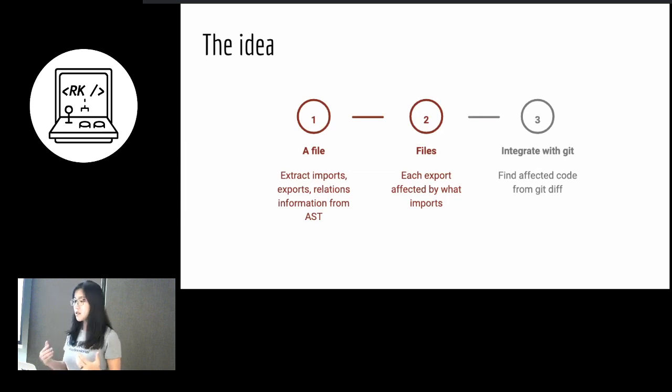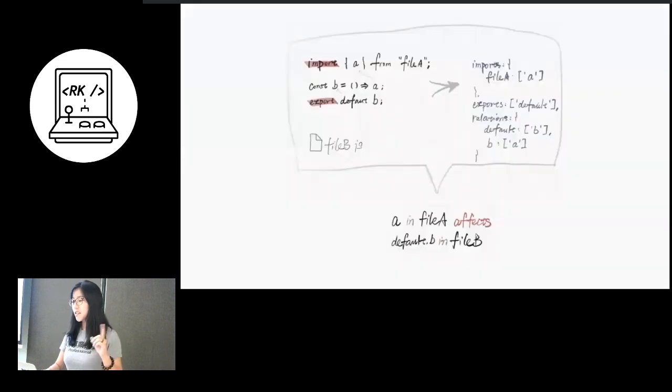Step 2, we're gonna solve more files. But before that, I will say the information we got just now was not enough, because if you look closely, the relationship I get here is a direct relationship, which is my default is depending on B and my B is depending on A. But in human eye, we can easily tell that my default is depending on A, right?